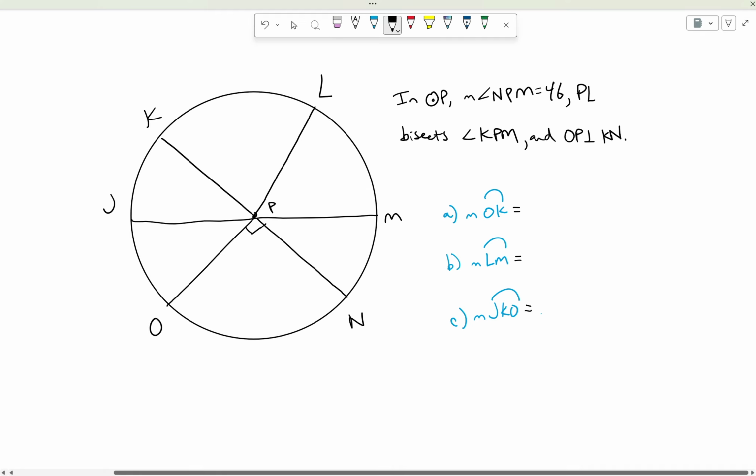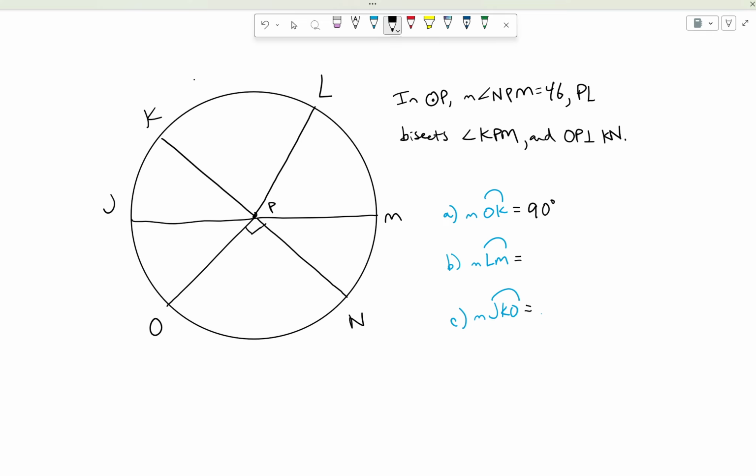Well, OK is going to be this right here. Now, KN, as we saw, is a diameter, so that's 180. And then OPN is a right angle because OP is perpendicular to KN, so what we got here is another 90-degree angle, because they'd have to be supplementary.